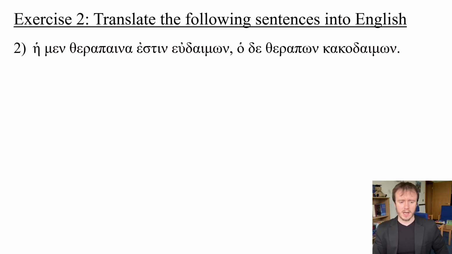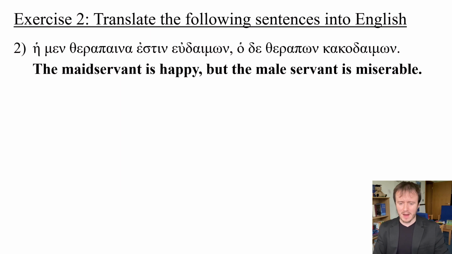Number 2 is hermen terapaina estin eudaimon, hode terapon kakodaimon. You should have translated this one as the maidservant is happy, but the male servant is miserable. You could have just said servant rather than male servant, but I've specified it here to bring out the contrast between a terapaina, which is a maidservant or a female servant, and a terapon, which is a male servant.